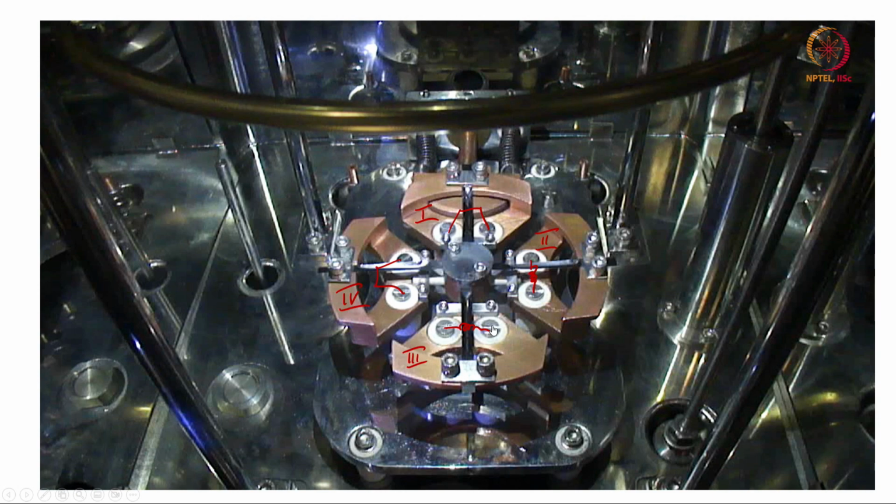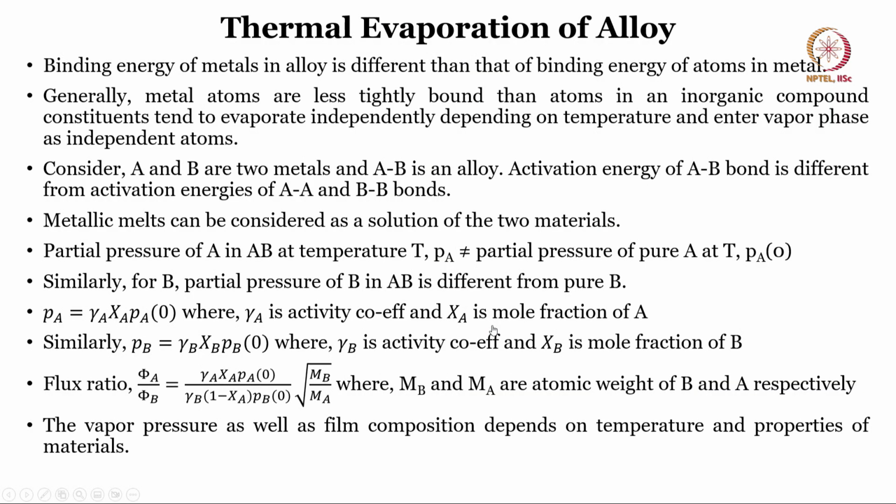If you want to deposit an alloy, and if you want to understand the binding energy of materials, then you understand that the binding energy of an alloy is different than the binding energy of the atoms in a metal. And if you consider A and B as 2 different metals and AB as an alloy, then the activation energy of the AB bond is different than the activation energy of only AA or BB bonds.